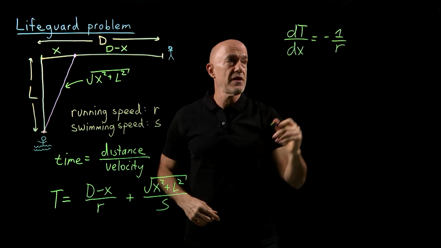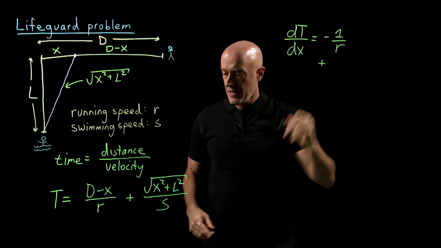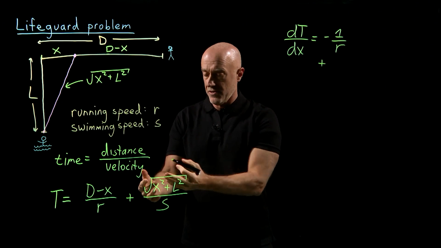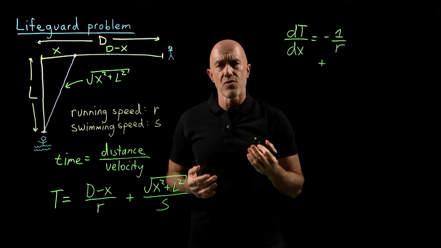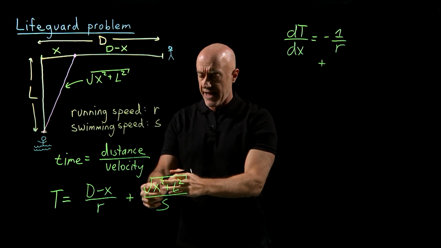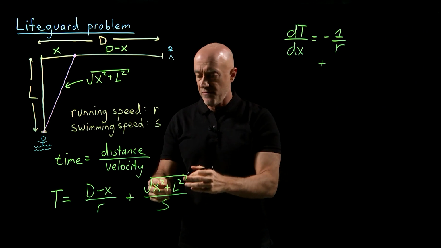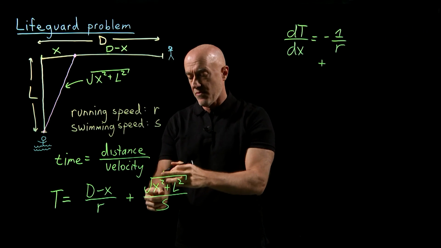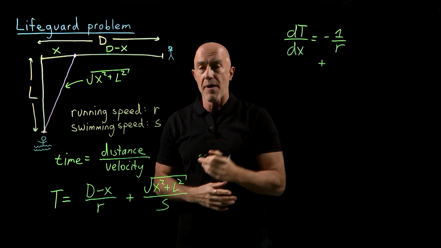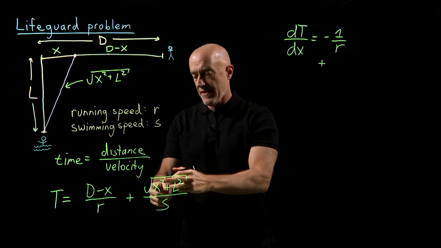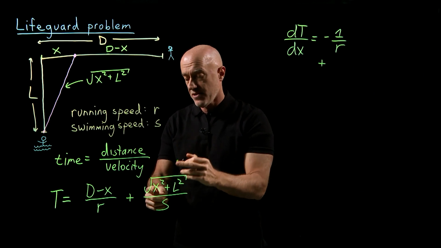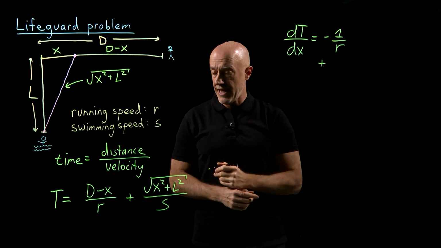And then the derivative of the second term is using both the power rule and the chain rule. So this is x squared plus L squared to the 1/2 power. So the derivative brings down the 1/2. Then we have x squared plus L squared to the minus 1/2 power. And then the derivative of the inside is 2x. So the 2's cancel.